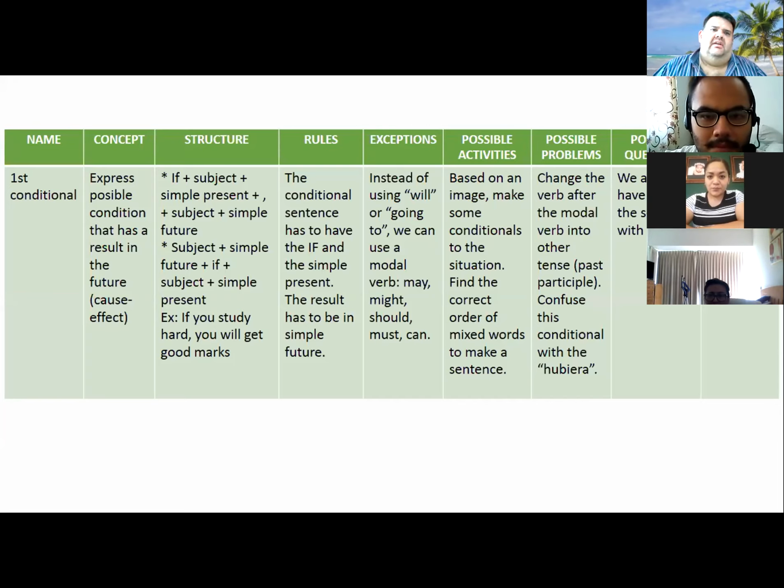I have some feedback for you. The concept, expressing a possible condition that has a result in the future, cause and effect, is the description more than the concept.